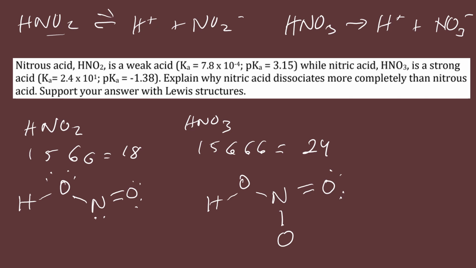Let's put the electrons on the oxygens first. This one has 2 things attached to it, so we have 2 lone pairs. Over here we count 2, 4, 6, 8, 10, 12, 14, 16, 18, 20, 22, and 24. They all have a full octet now, except for the H.